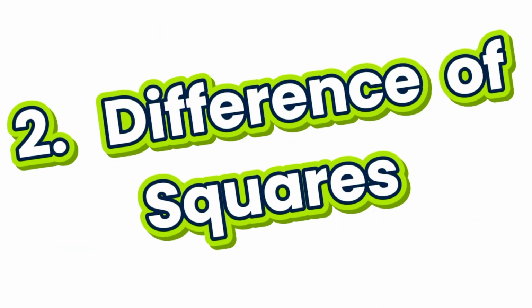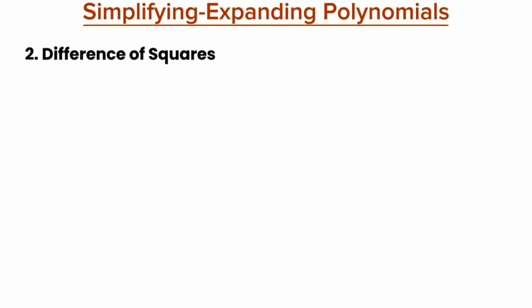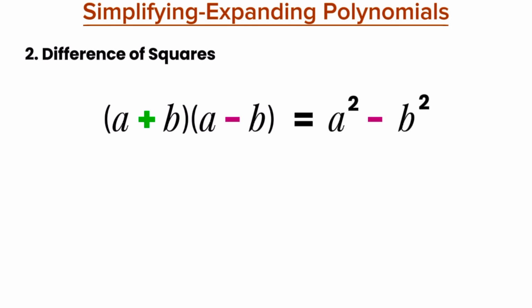2. Difference of squares. Another shortcut to remember is called difference of squares. This time the binomial or two-term expression is being multiplied with itself, with one expression having a plus sign and the other expression having a minus sign. When expanded, the formula looks like this: a squared minus b squared.